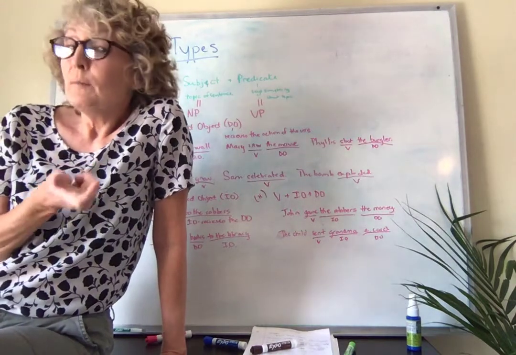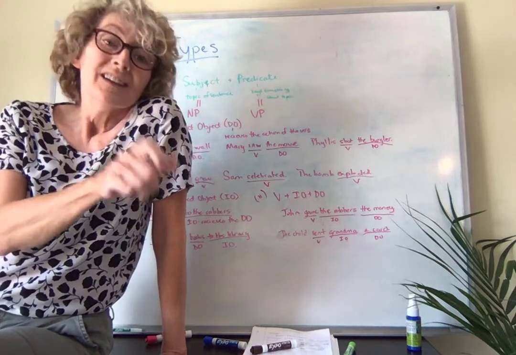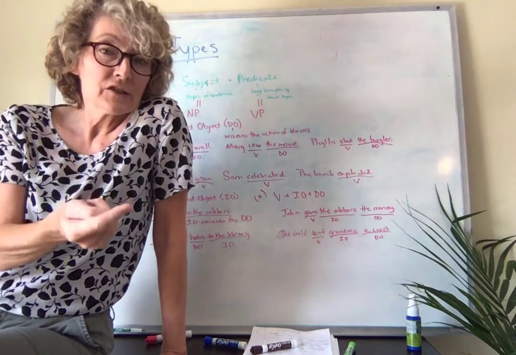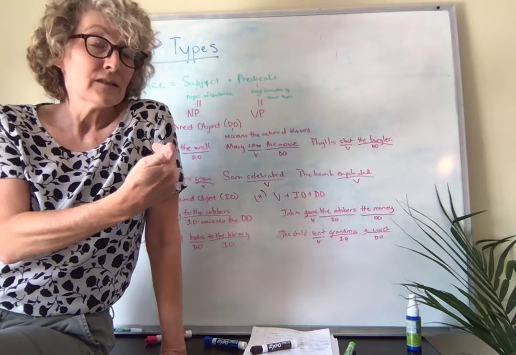We know we're going to have a main verb in there, and you know that the verb shot is a main verb because it describes the action of the sentence and because it's occurring in the past tense form.